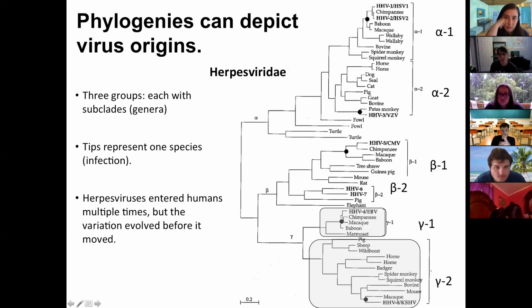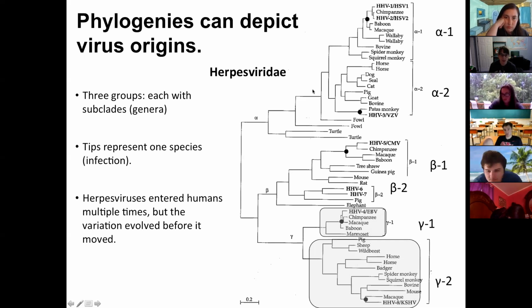So it's down here at the bottom in HHV8. It shows up with HHV5, HHV3, and HHV1 and 2. So you see that repeated pattern where it looks like herpes virus is co-evolving with its host.